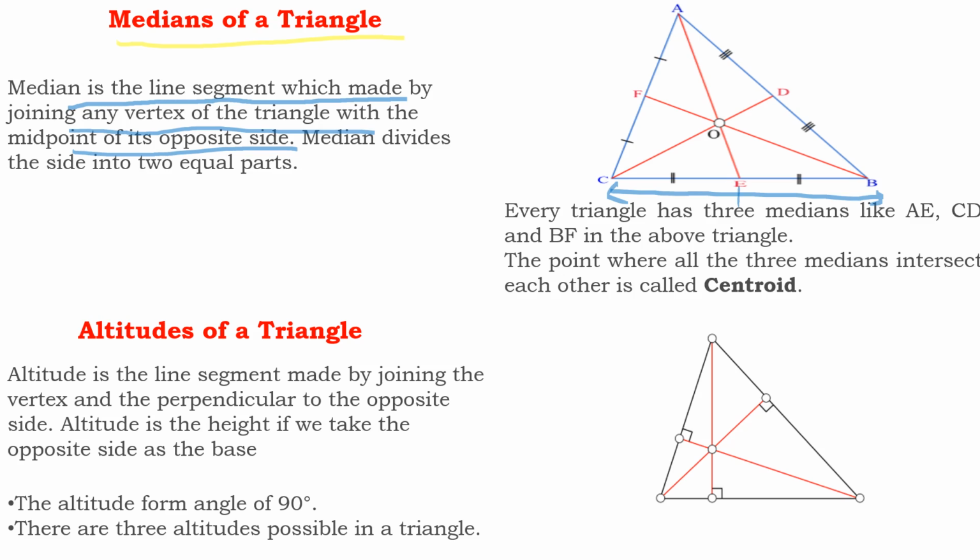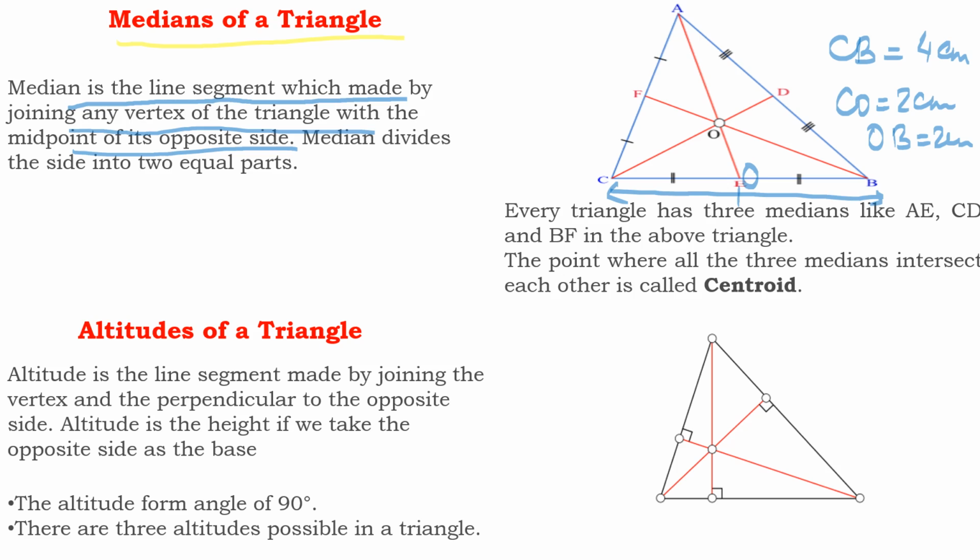If I say that the length of CB is equal to 4 centimeters, and the median is meeting at point O, then CO will be equal to 2 centimeters and OB will be equal to 2 centimeters. Getting the concept? A median divides the line into equal parts.